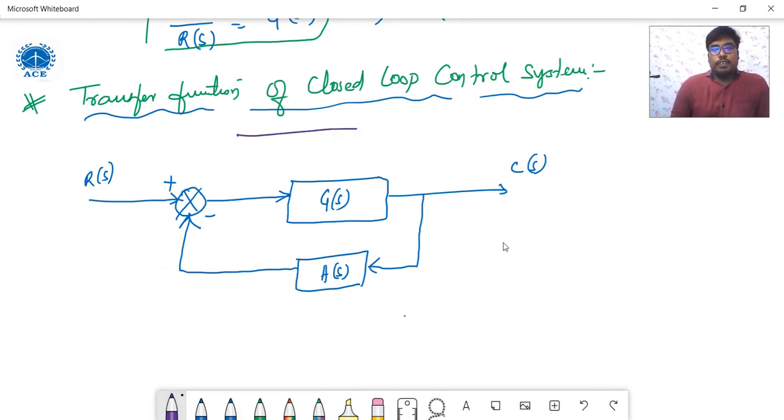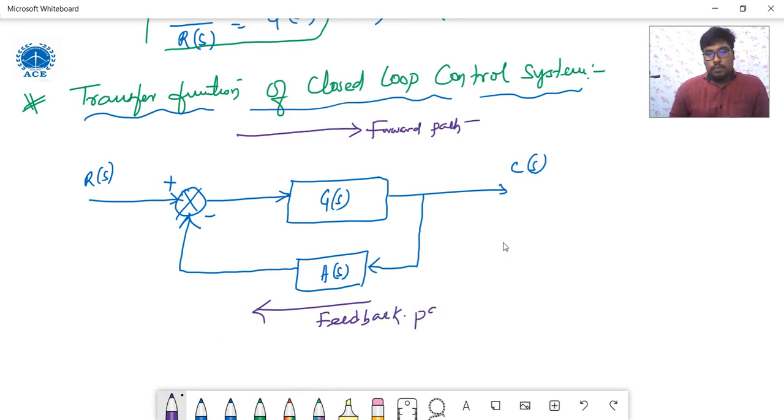So this is our forward path, and this will be the feedback path. So this is a controlled output and reference input.